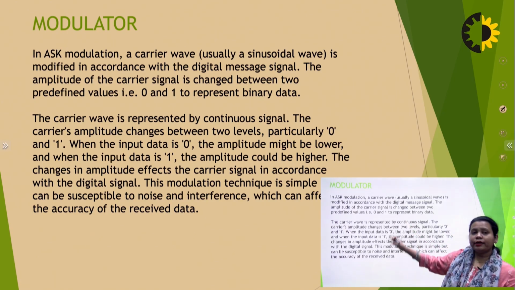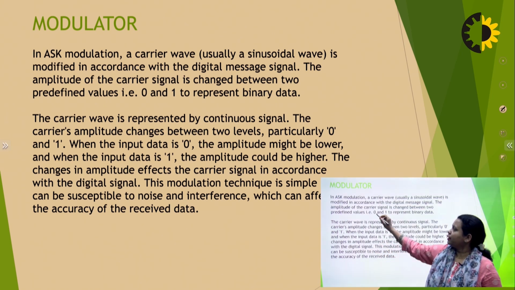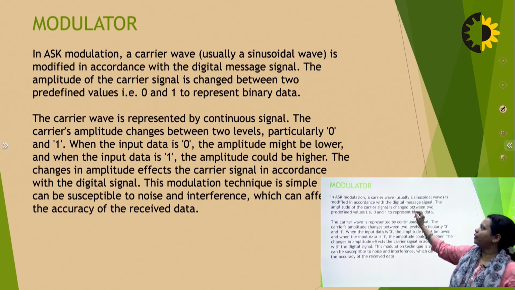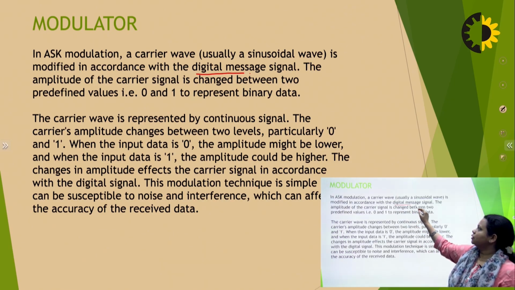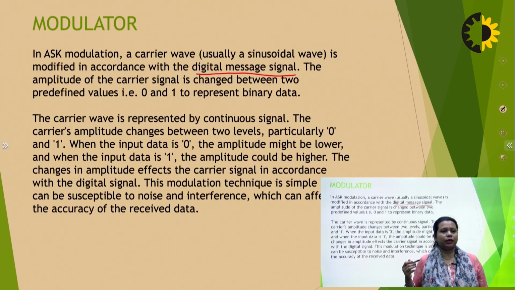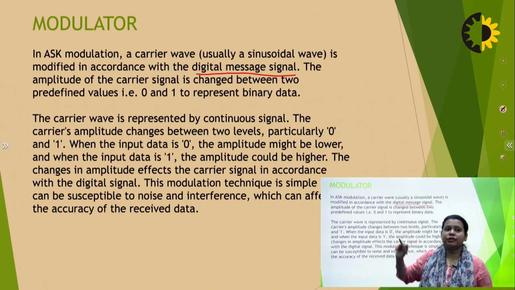So we are studying the modulator, that means we are basically studying the transmitter part. So in ASK modulation, a carrier wave, usually a sinusoidal wave, is modified in accordance with the message signal. This you need to remember, that your carrier signal is changing, modifying according to the message signal, right?